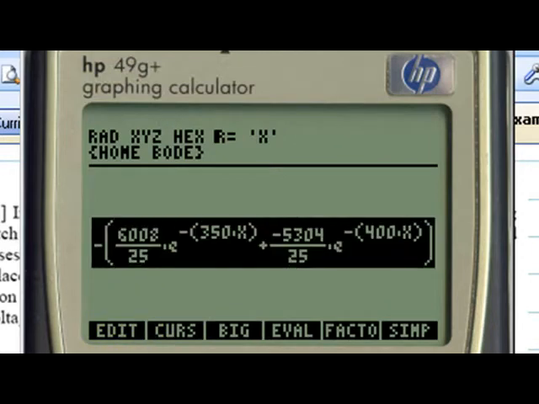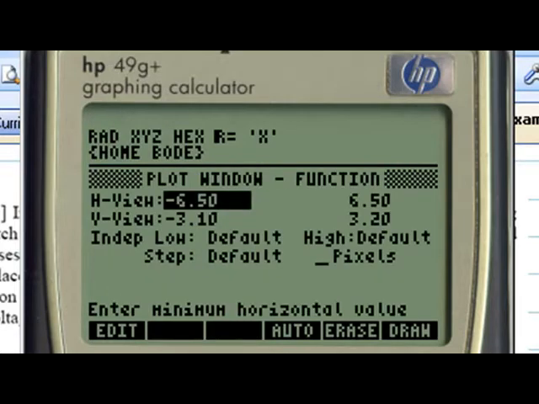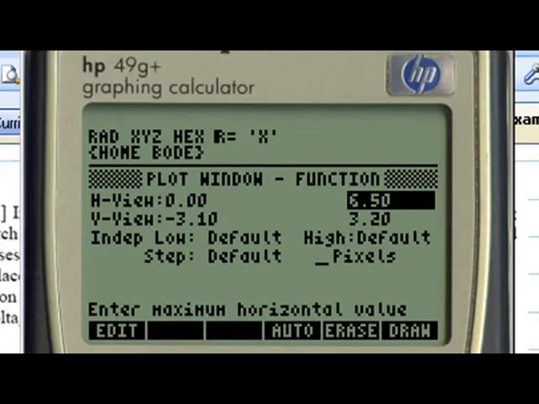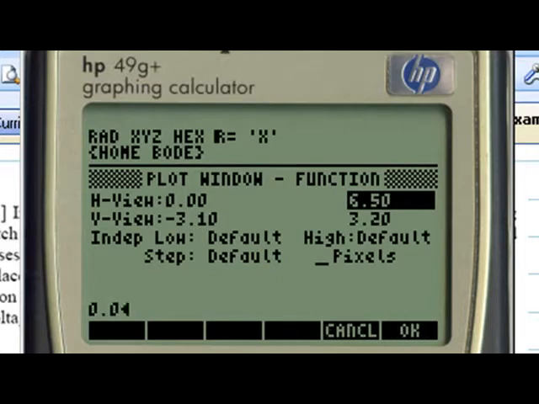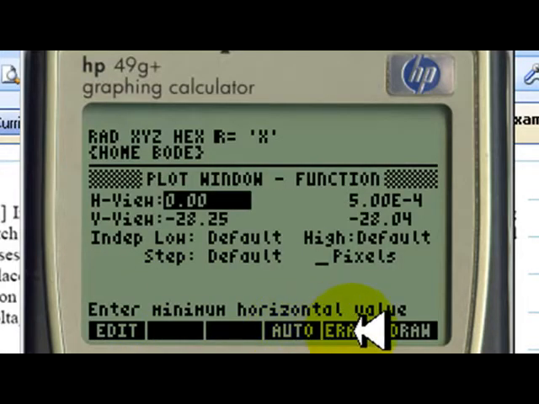Enter and enter again, and now we go to the Windows one. Push and hold the shift key, Windows, and in here I say I want to plot that between 0 and 0.0005, half a millisecond, right? And the vertical axis, I don't know, automatic compute what you need, erase what you have, plot.